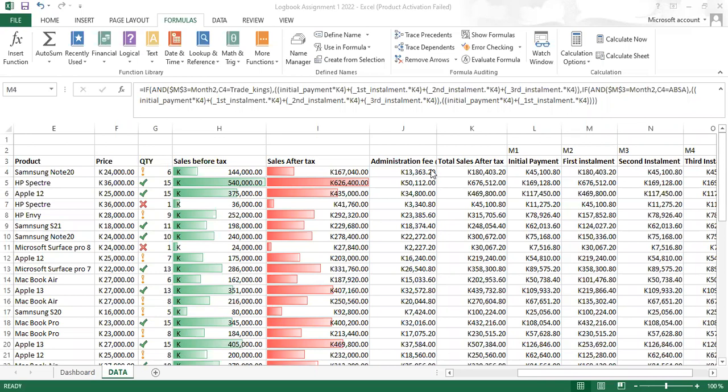So from 7,000, you are remaining with how much? 4,500. Are you following? You're remaining with 4,500 from 7,000, right? So we are remaining with 4,500.